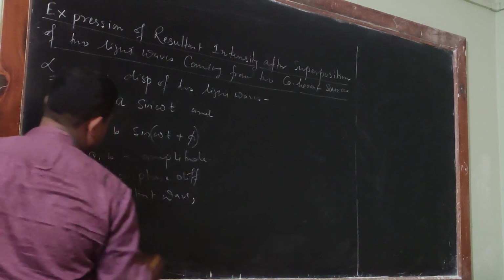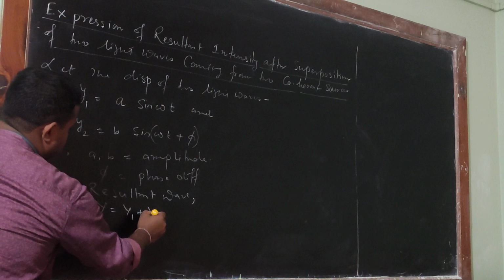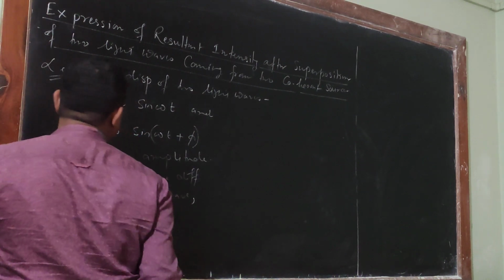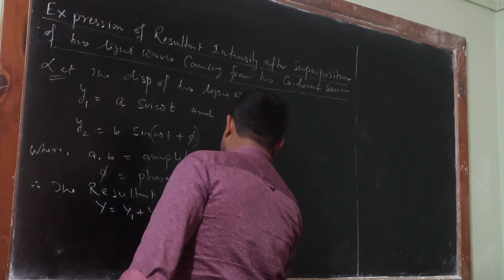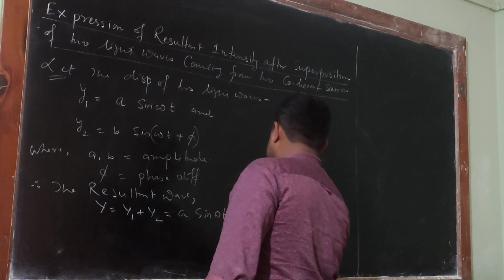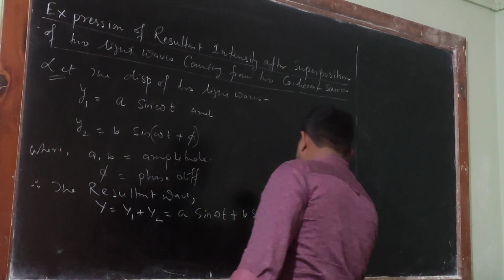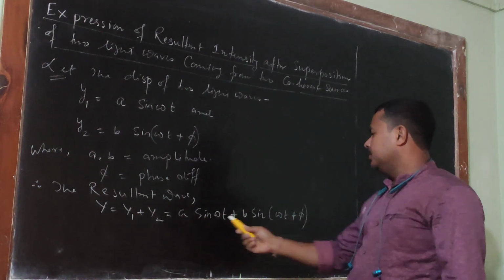So therefore, what is the resultant wave? That is y is equal to y1 plus y2. We put the values: a sin omega t plus b sin(omega t plus phi). So here you see this is the resultant wave.